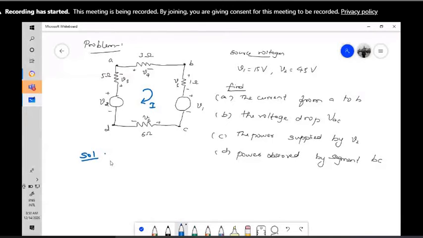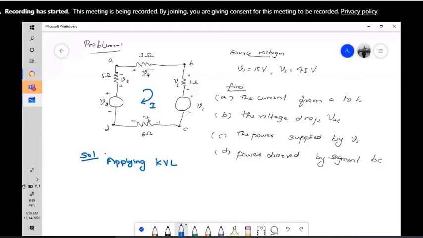So solution: when applying Kirchhoff's voltage law, let's go along this particular loop. Whenever there is a voltage rise, we will make it a minus sign, and whenever there is a voltage drop, we will give it a plus sign.